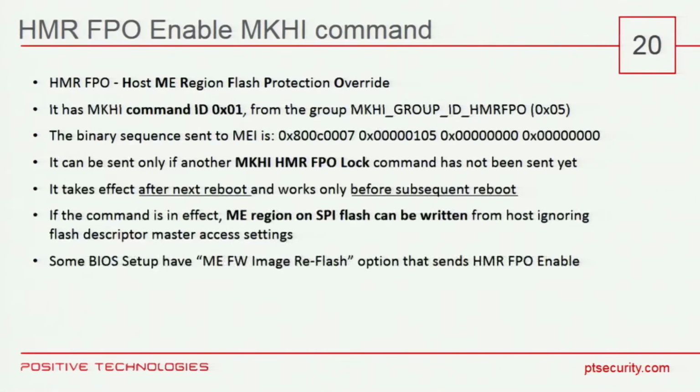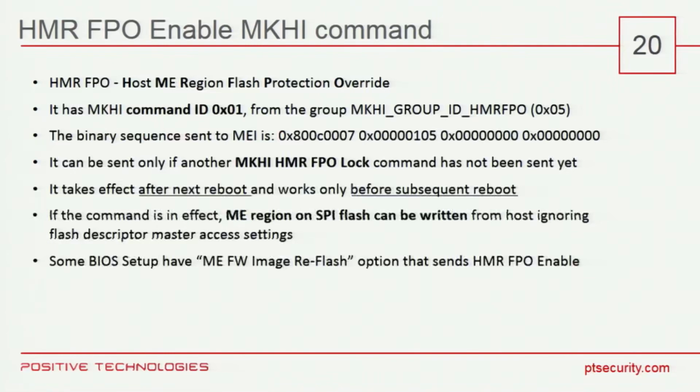Here we have the identifier, put it in binary mode to send this command. This command has a very important limitation: HMR FPO lock. The proper BIOS should send this lock so that the attacker does not send commands to rewrite the ME region.